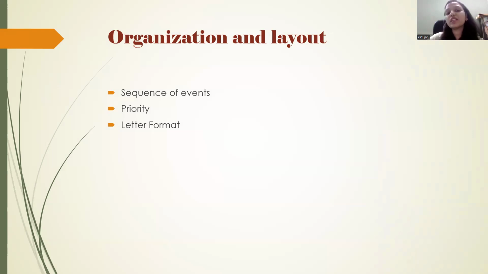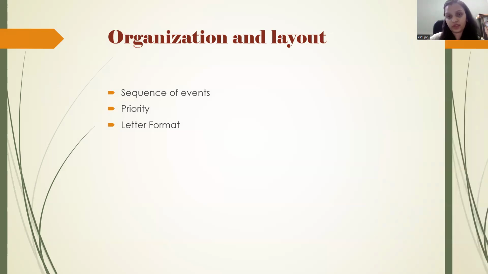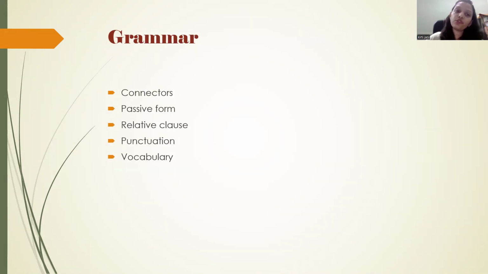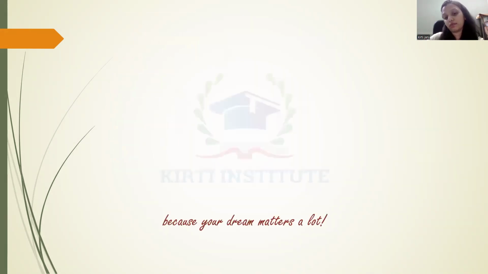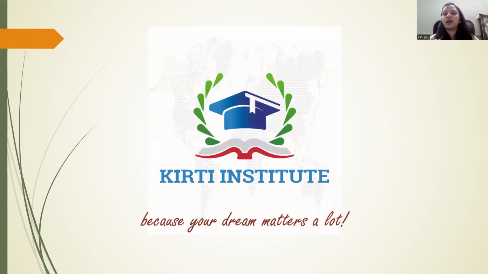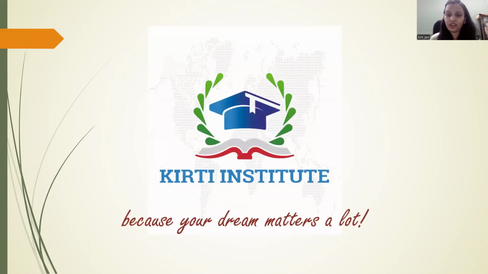So be flexible, select one of the ways of writing, either chronological or thematic, and write according to the letter format expected by the OET. And you should, of course, have the right grammar that will not change the meaning. I hope you have understood everything about the writing assessment criteria, and I'm pretty sure that it will definitely help you to enhance your score.